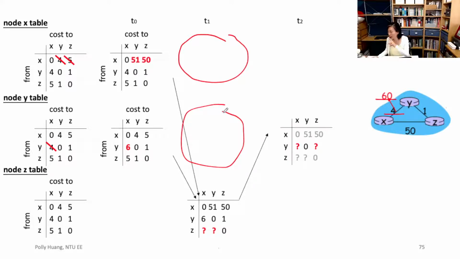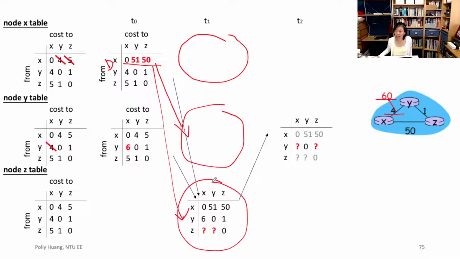Wei Yao and Li Kai are questioning the same thing. Okay, so here, because this is changed in T0, dx here is changed. Therefore, dx will be sent to all the neighbors, including y and z. So we calculated z based on that.